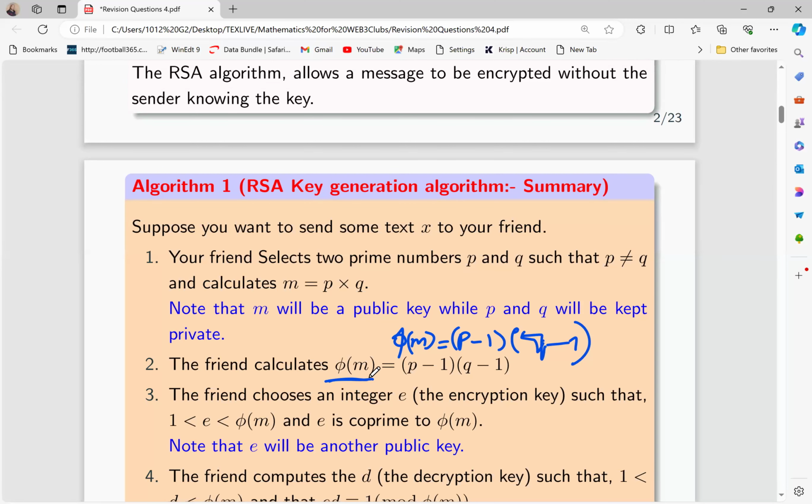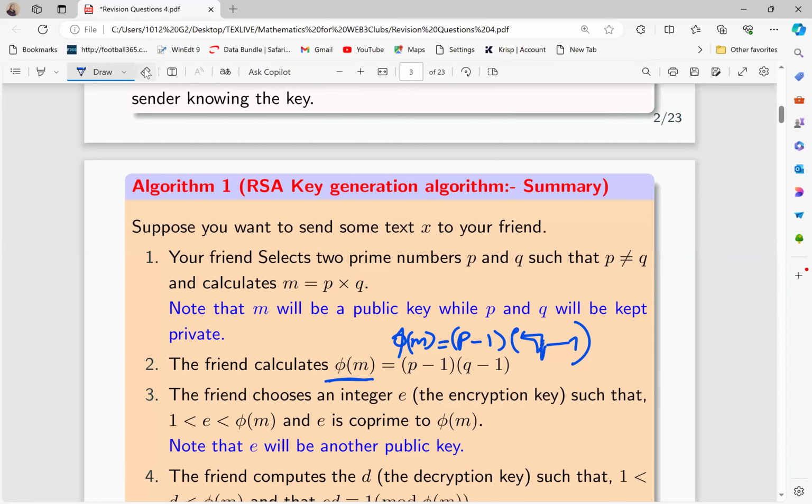And again, your friend is supposed to keep this Euler phi of M secret. Don't expose it, because when you expose it, anybody can use it to get your private key. But what is the use of this Euler phi? We shall see the use of this Euler phi. It has several uses.